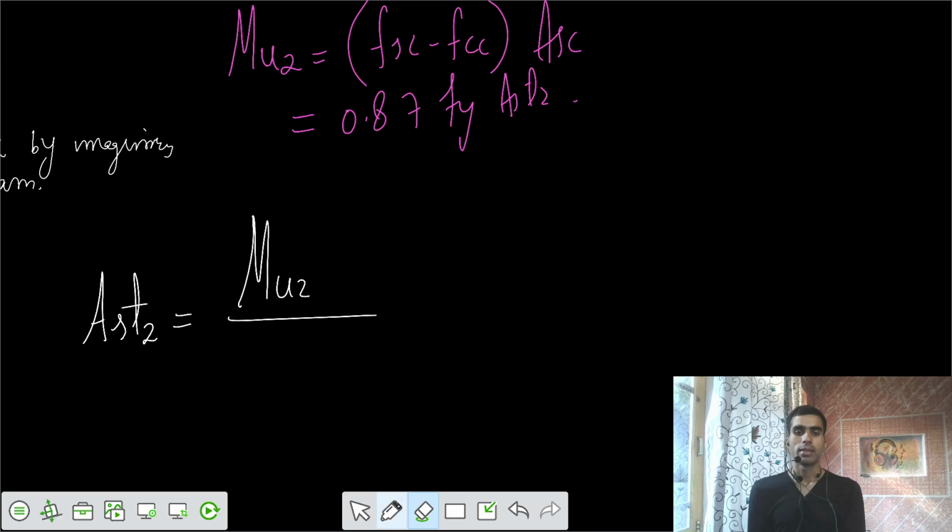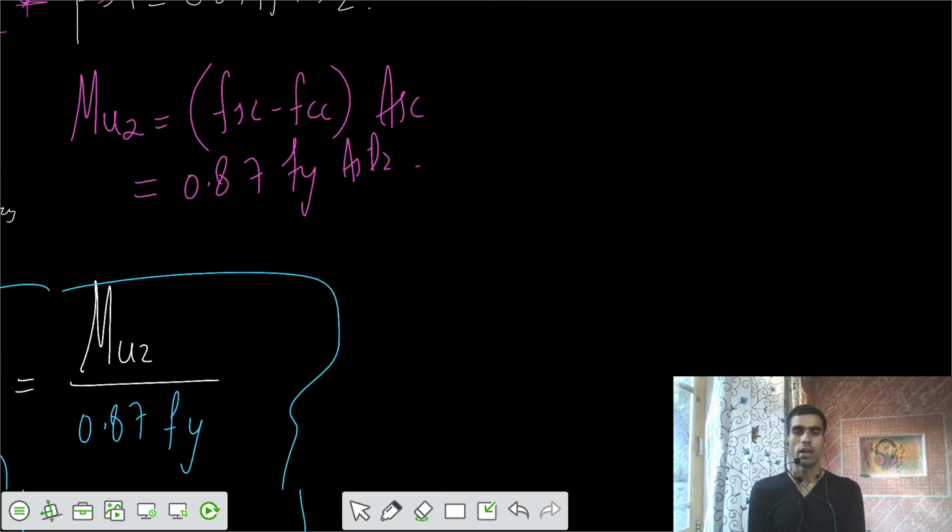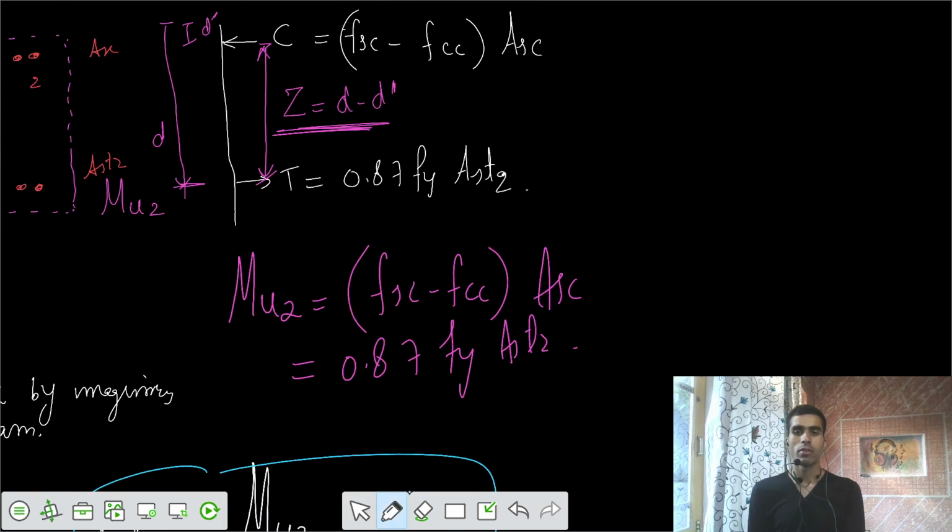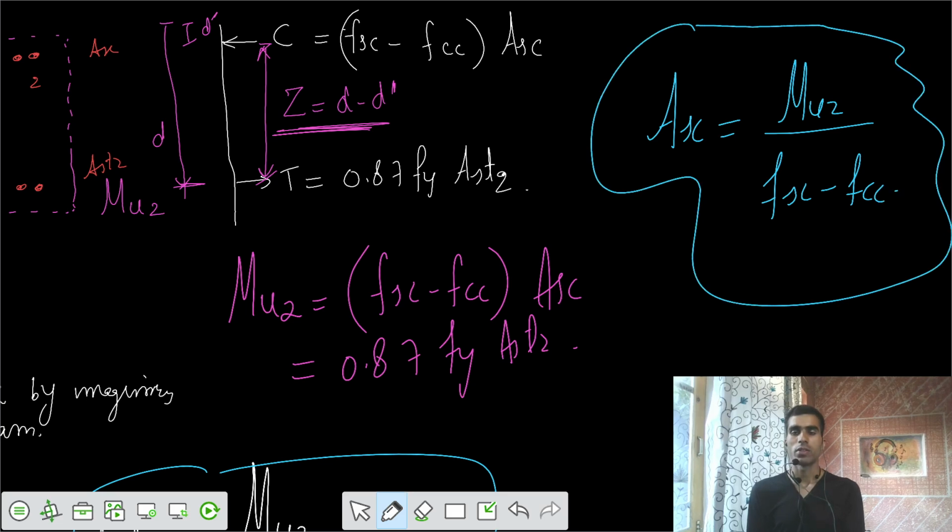You were talking about tensile steel, so for AST2, we have Mu2 divided by 0.87 Fy times lever arm. This is one equation for getting AST2. And for getting ASC, we can write Mu2 divided by FSC minus FCC times the lever arm. This is the equation for the area of steel in the compression zone, ASC.